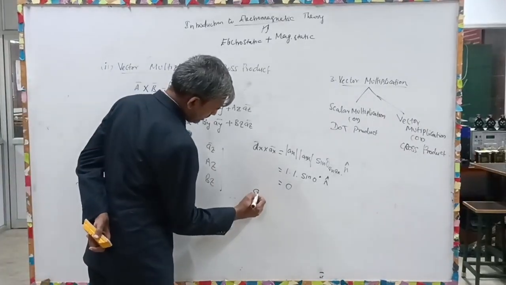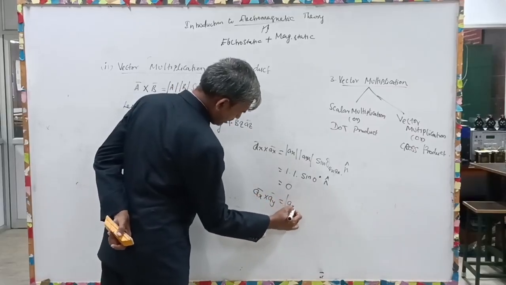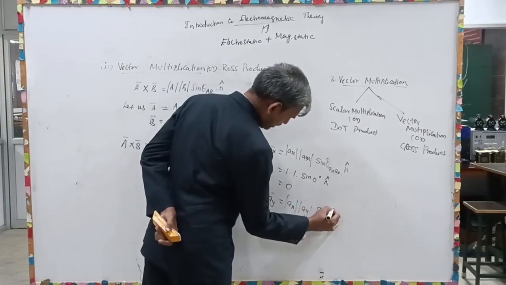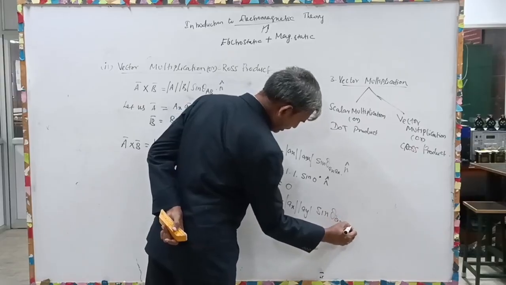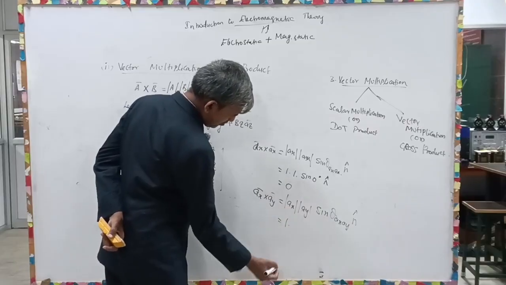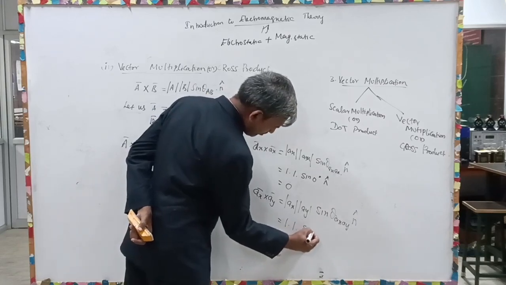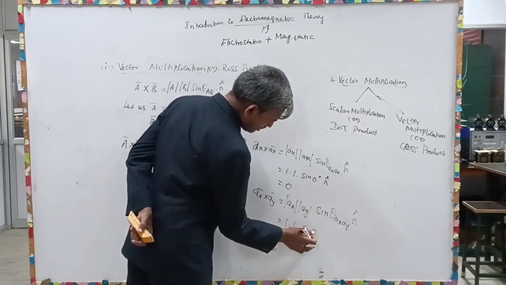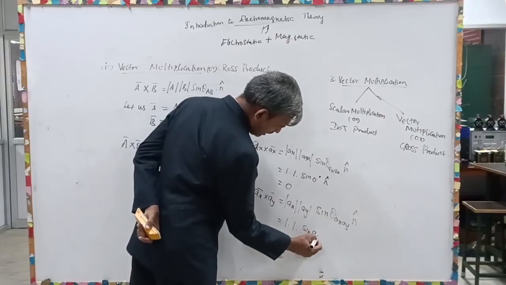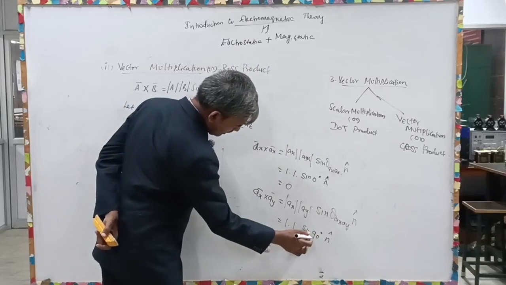Similarly, we are taking Ax cross Ay, which means modulus of Ax, modulus of Ay, and the sine of the angle between Ax and Ay along the unit normal vector. So the unit vector of Ax will be 1, the unit vector of Ay will be 1, and for the sine of the angle between Ax and Ay, both are mutually perpendicular. So sine 90 degrees along the unit vector. So sine 90 will be 1.